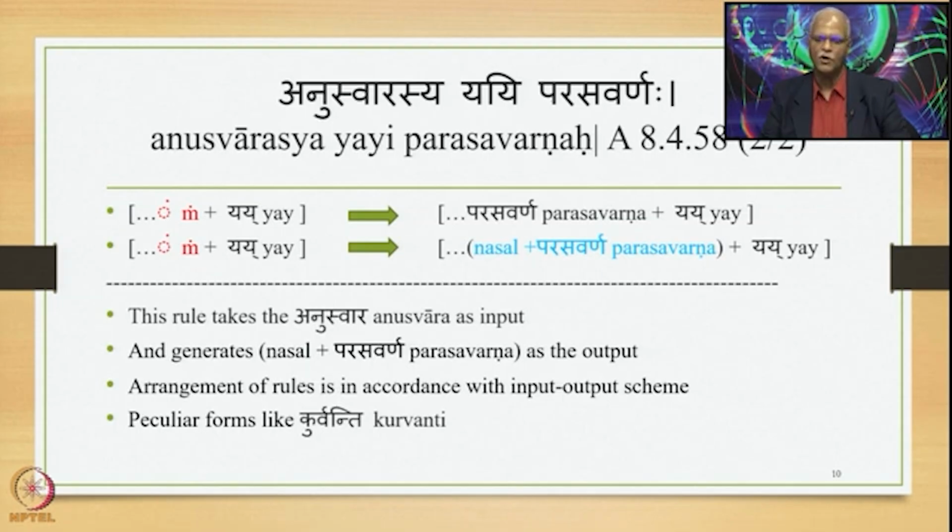So, the output of 8.4.58 is not visible to 8.4.1, and so there is no retroflex, and we get the form kurvanti and similar such forms derived by Paninian grammar.